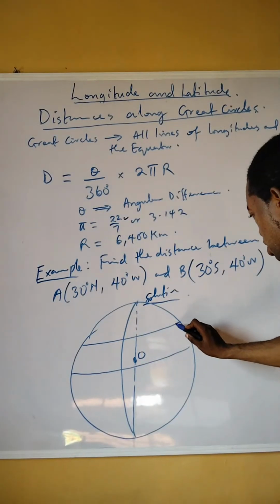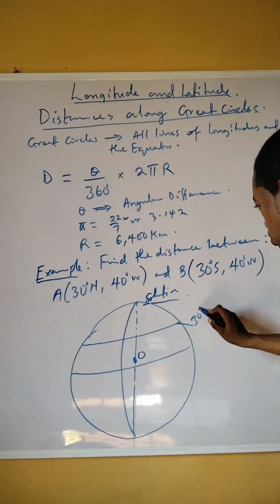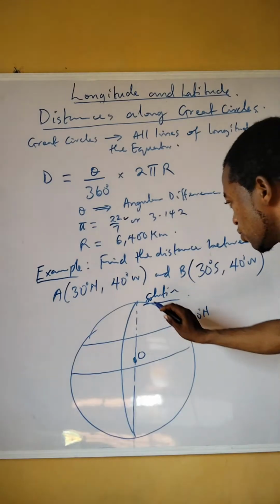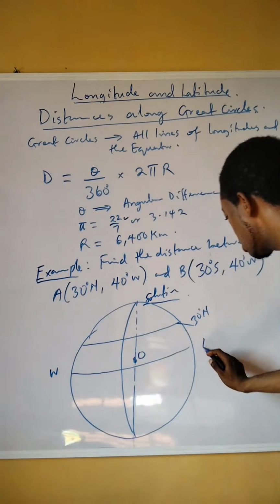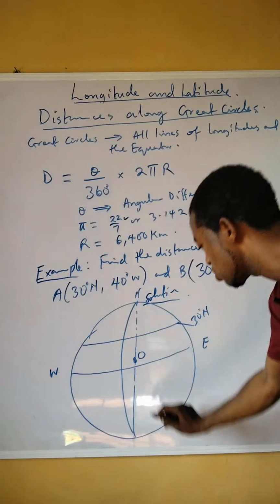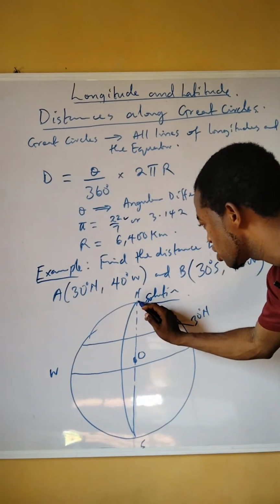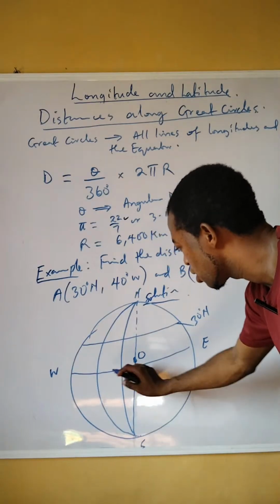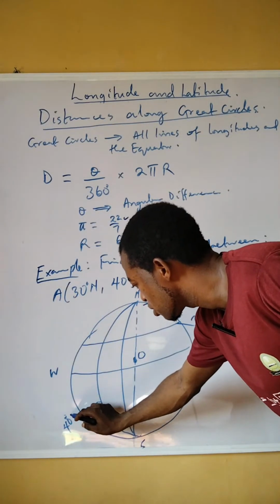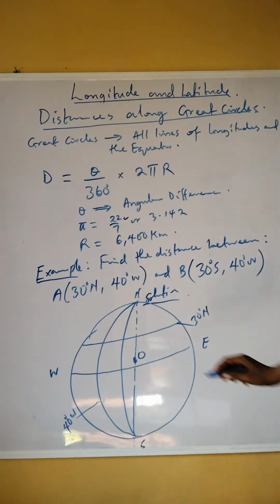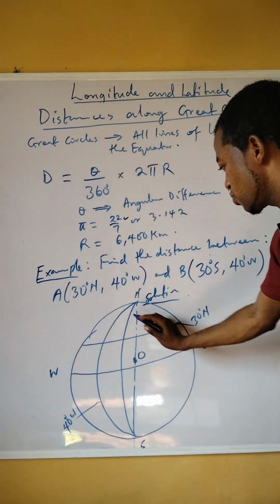This is 30 degrees north, and we have 40 degrees west. So this is west, this is east, this is north, south. Where they meet, 30 degrees north, 40 degrees west.